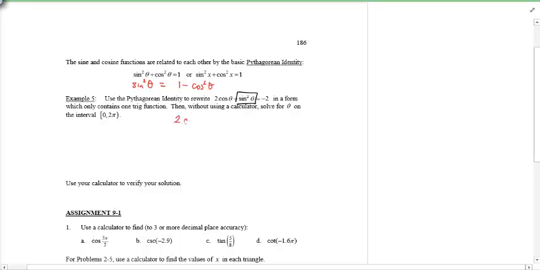And so you can rewrite your equation by replacing the sine squared theta with 1 minus cosine squared theta, which allows us to have the following. Distribute, distribute. Move everything to one side.